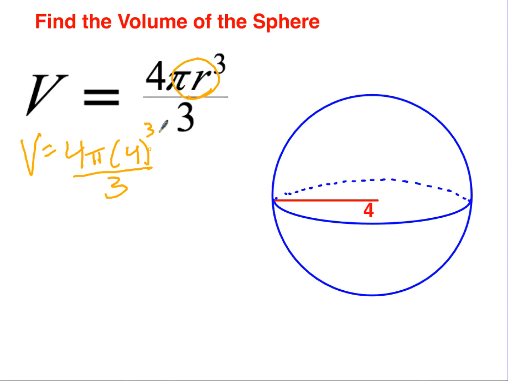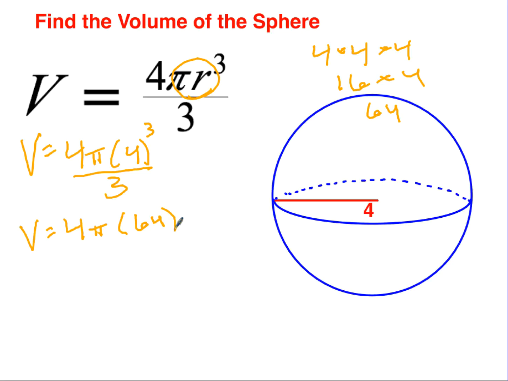Make sure we evaluate this to the third power and not to the second power. It's very, very important. This is not 4 times 3. This is my first thing. This exponent means I need to multiply 4 by itself 3 different times. So this is 4 times 4 times 4, which is 16 times 4, which is 64. So my volume equals 4 pi times 64 over 3.